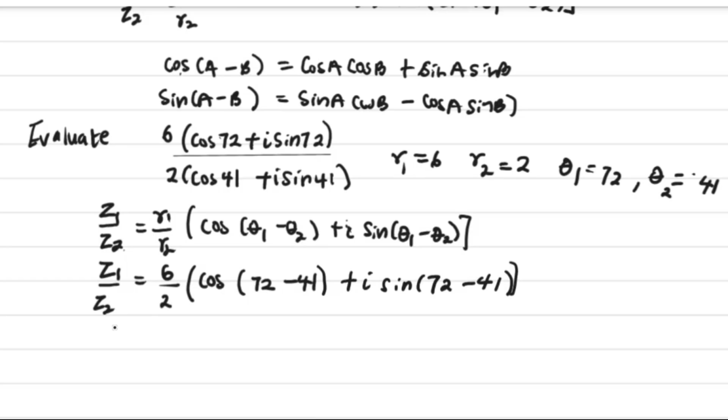Close the bracket. So Z1 over Z2 is going to give us 6 divided by 2 is 3 into cos 72 minus 41, that is going to give us 31. So that will be cos 31 plus i sine 31. And that is going to be the division of these two complex numbers.